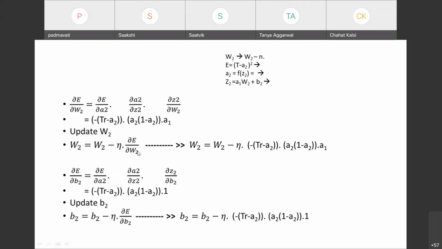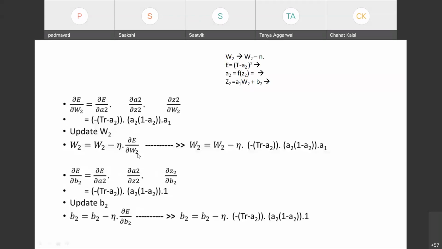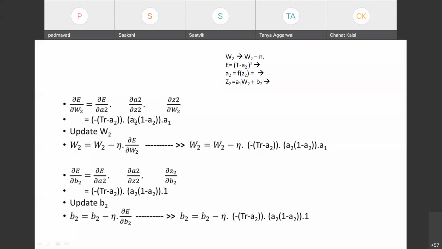You can take this example as homework and try to first find the derivative of a2 with respect to z2. You must be able to compute the output as a2 into 1 minus a2.